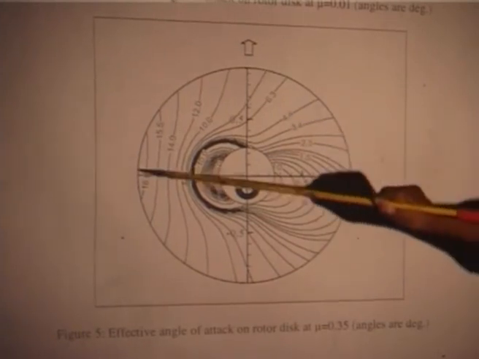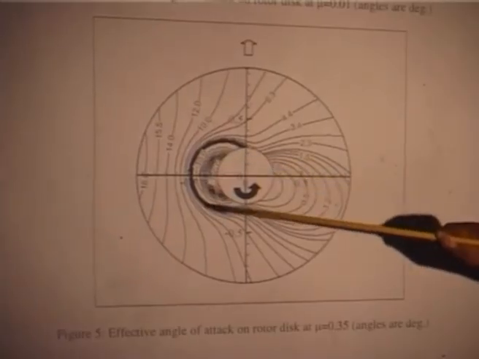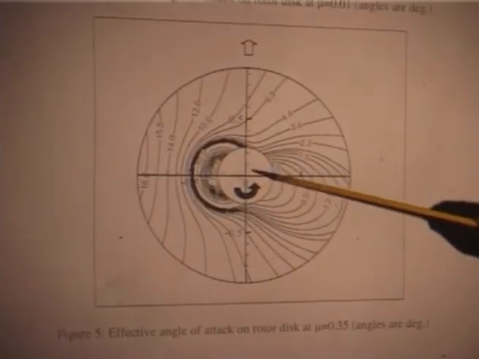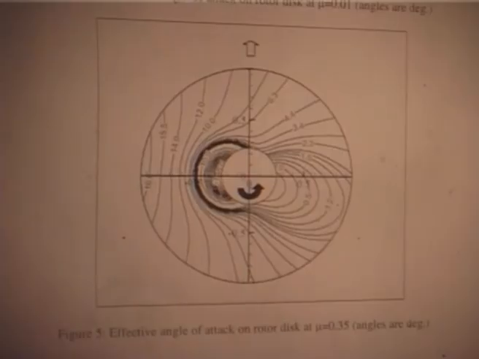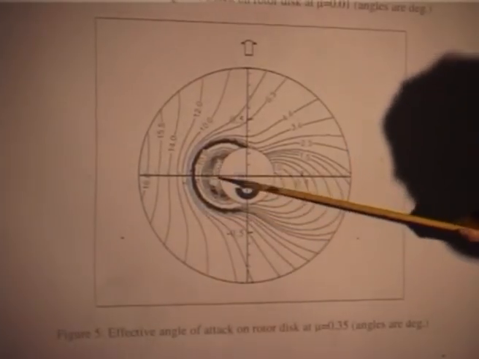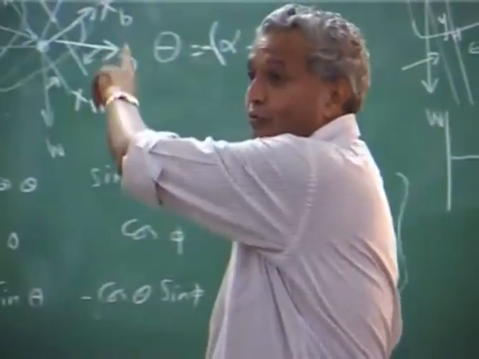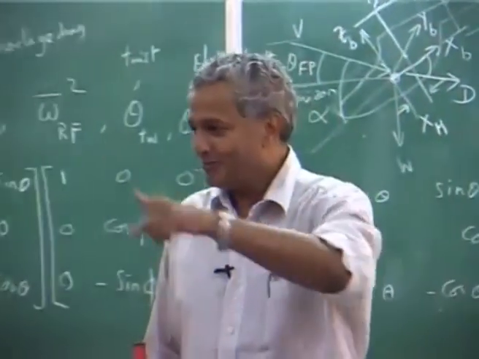All the stall is here, and this is the reverse flow region, with very high angles, you can even have, I think we have put minus 180 degrees. That means we have aerodynamic data for the full 360 degree rotor airfoil.